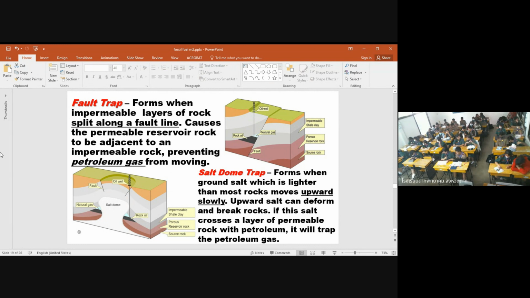As it moves upward slowly, it can deform and break the rock. So that is your salt dome trap.